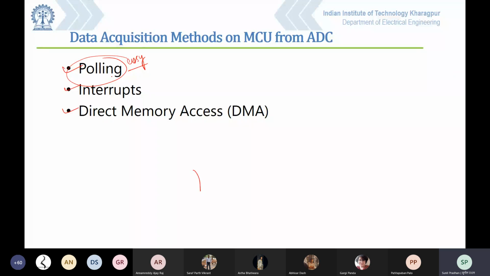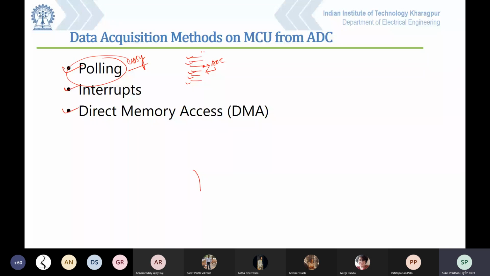But its drawback is that the CPU executes the code line by line, and then you have to go and search for the ADC, take that data and come back. Till that time our CPU will be flying idle. It will take that ADC data, come back, and then execute all the code.